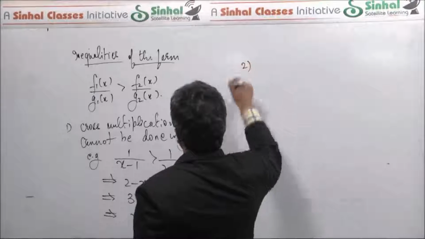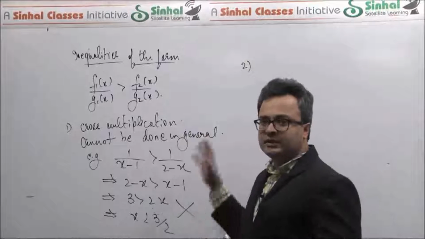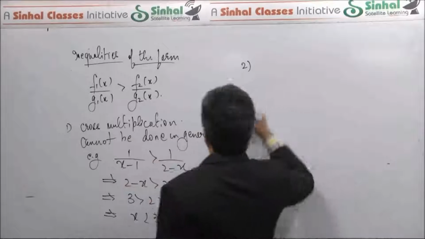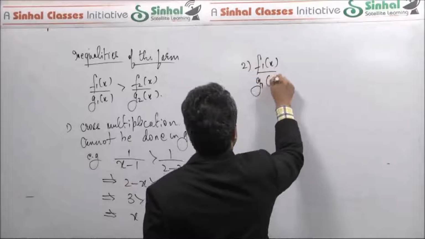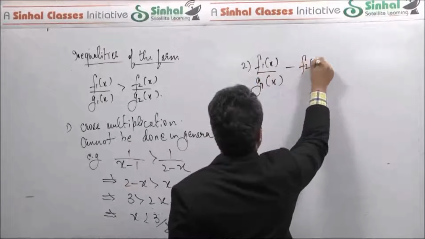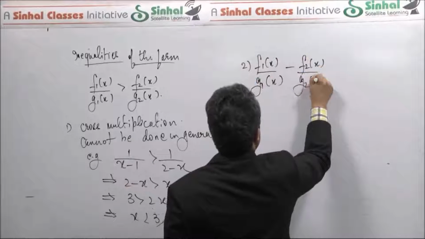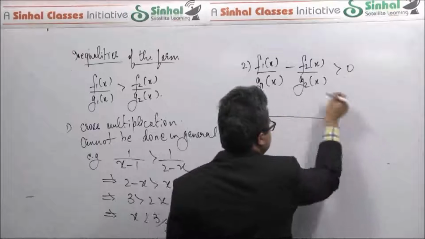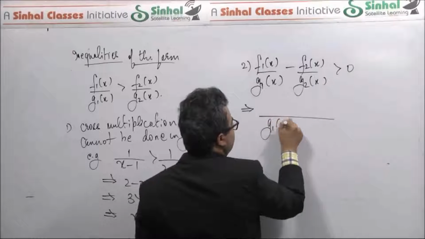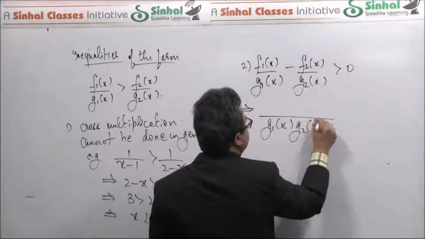So the typical strategy in such problems is to get all the terms to one side, right? So for example, I can shift all the terms to the LHS so that you get 0 on one side. And then you go on to simplify the LHS by simple multiplication and get a common denominator.